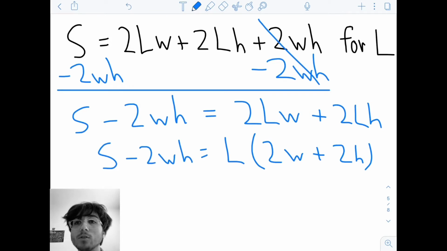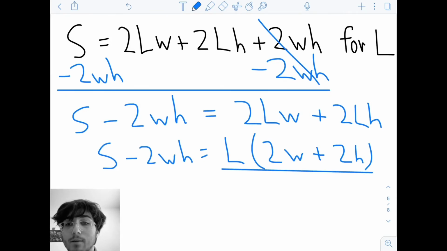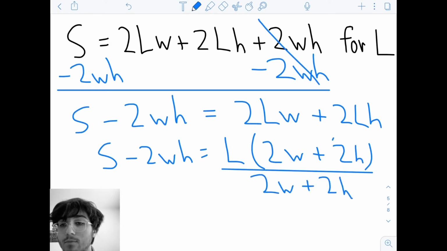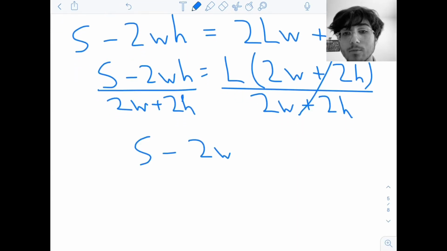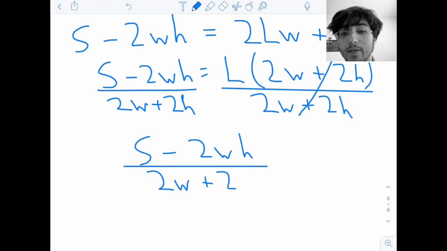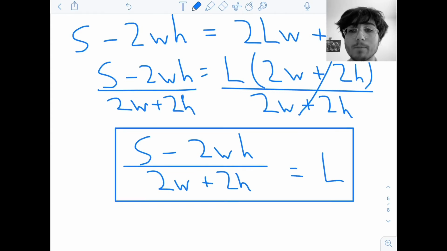And since we're multiplying L by 2W plus 2H, we can divide by 2W plus 2H to cancel it out. You're going to be left with (S minus 2WH) over (2W plus 2H) equals L. Okay, let's do the next problem.